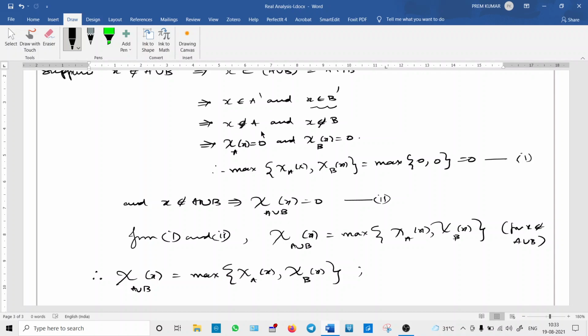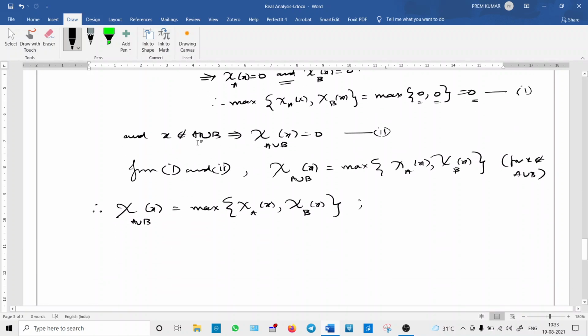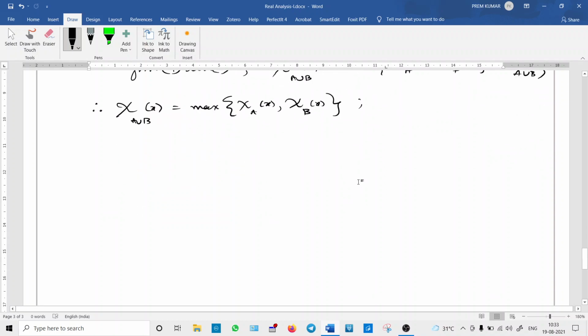So if x is not belonging to A, chi A value is 0, and this is very important, and that's why both are 0. So the maximum value is, we are sure that 1 is not there, so the maximum value is 0. And if it is not belonging to A union B, the chi A value is 0. So we proved it.